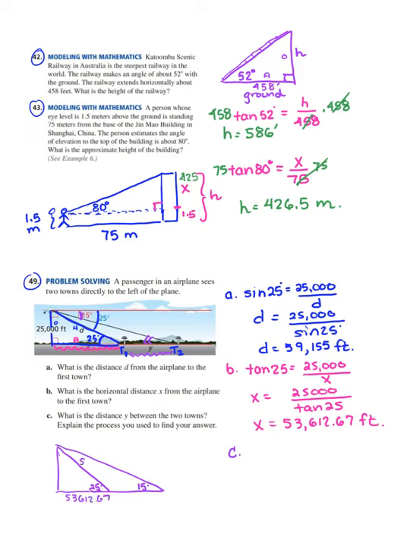We know this is 59,155. We know this is 25,000. And we're trying to find that. So what I am going to do is think about this for a minute. I do have enough. I am going to do a law of sines.